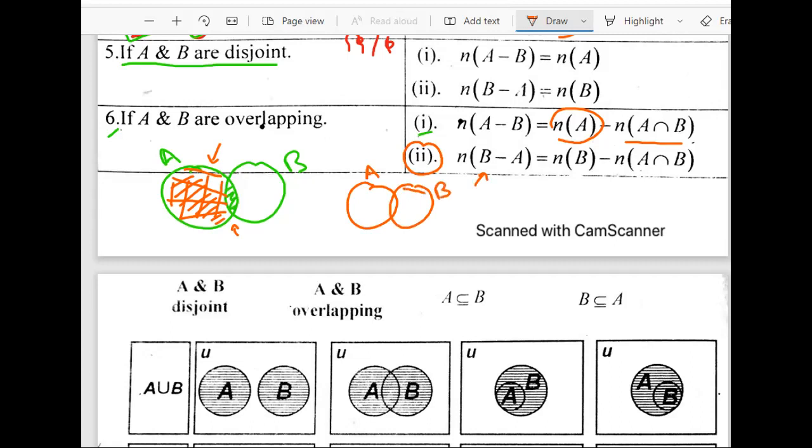B minus A would have all these. So it would be the number of elements in B, which would also include this intersection area, except the intersection area, just so we get the orange shaded region, right? Any questions so far? No, ma'am. Okay, perfect.